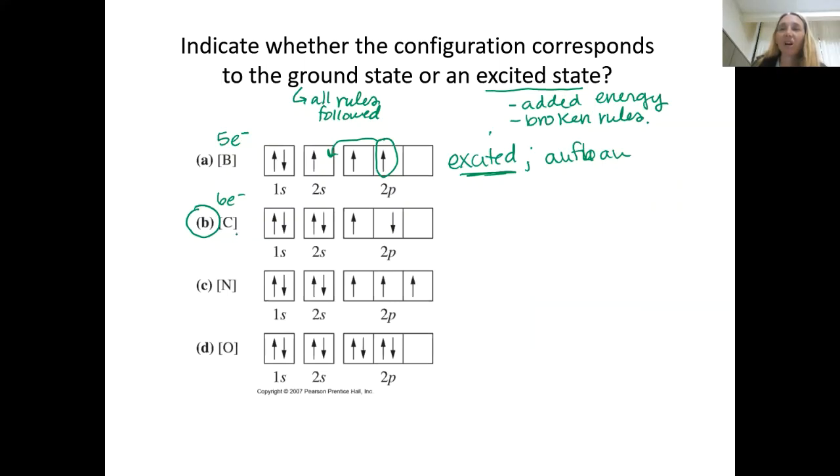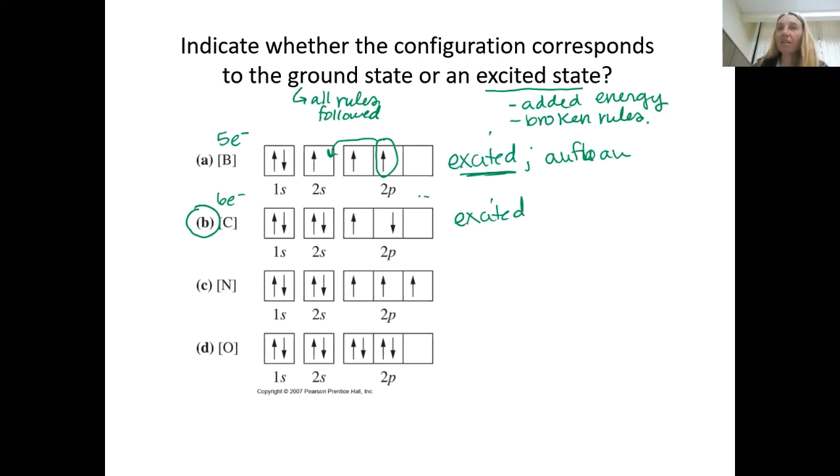Okay, so I'm seeing a lot of grounds and a lot of exciteds. With this one, I'm going to say excited. The reason is that when I fill these boxes, the first thing I want to do is fill all of them with the same spin.